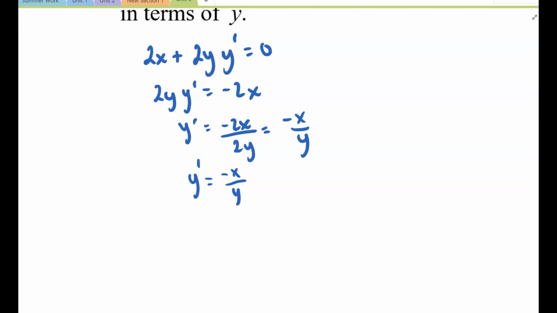Now note, right, this is the quotient rule. So we're going to have to go ahead and utilize that in order to take the second derivative.